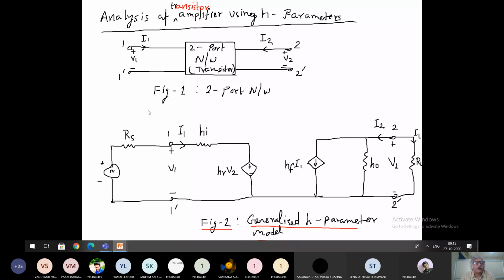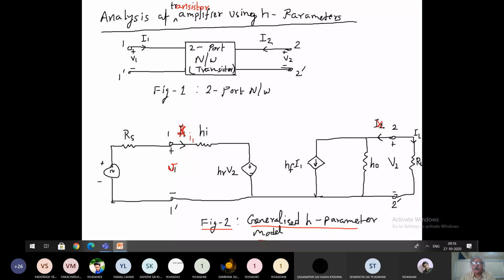Okay, so yesterday one student pointed out that here we can use the small letters because we are using the AC source. Okay, that is also possible. So I will just replace this current by small letter i1, and this is small v1.